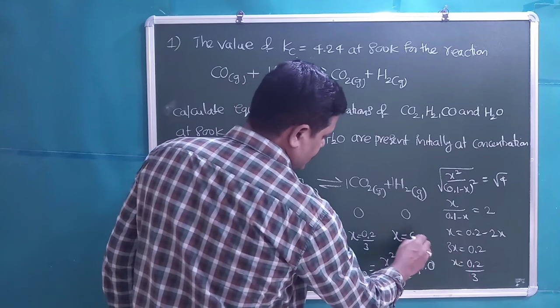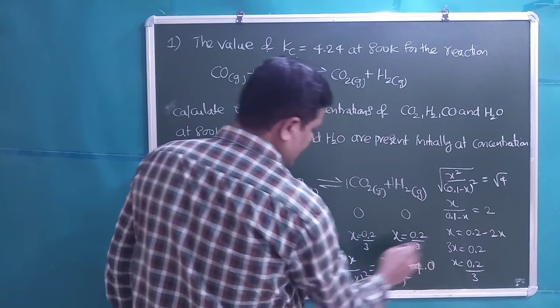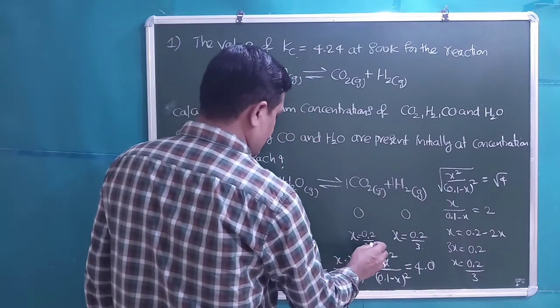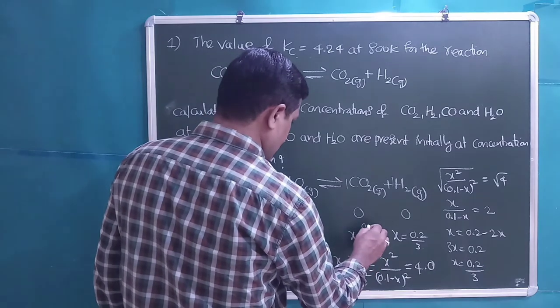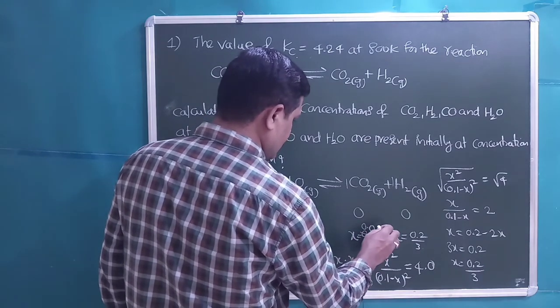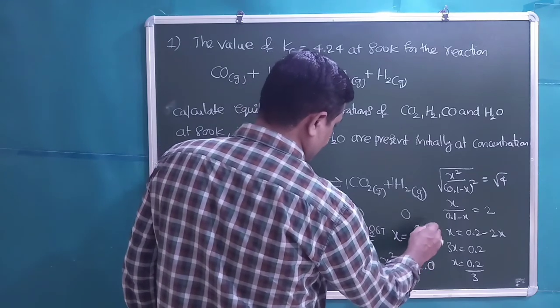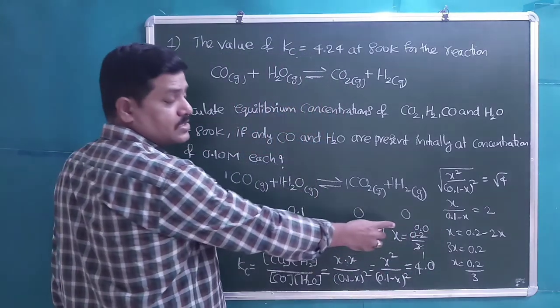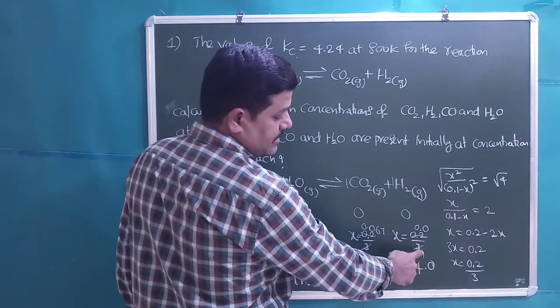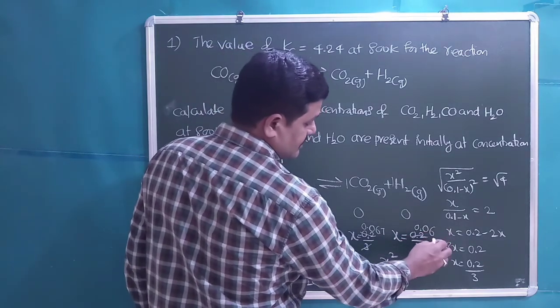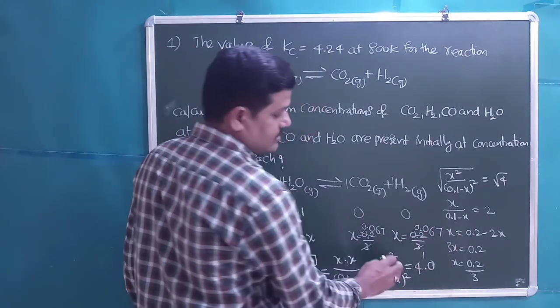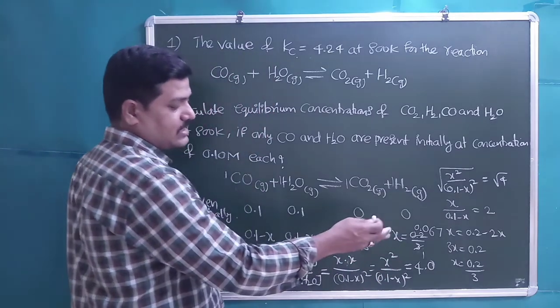The x value is 0.2 divided by 3. Let us simplify this. Approximately we will get 0.067. Here also it is 0.067 approximately.